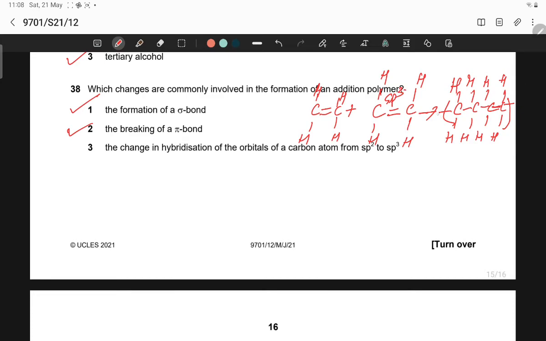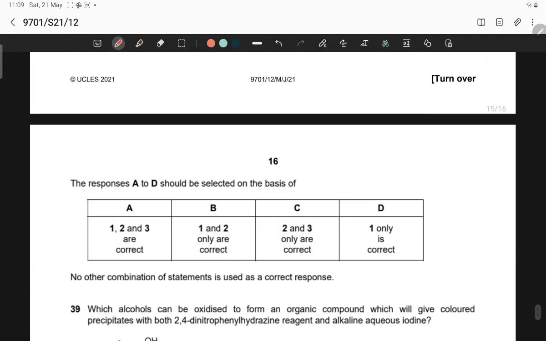And when the double bond breaks, this is tetrahedral formation and sp2 is converted into sp3. So this statement is also correct. If all statements are correct, then the correct option is A.